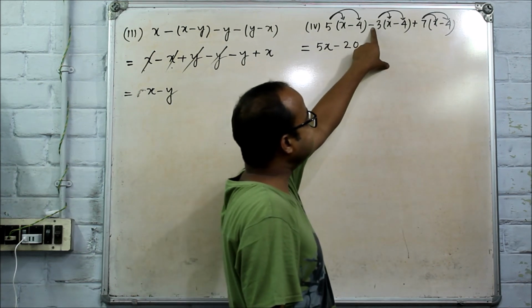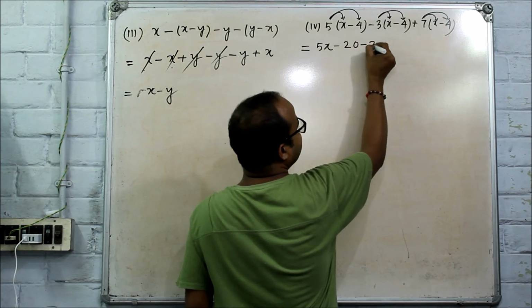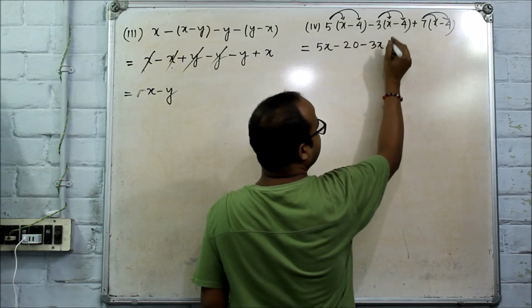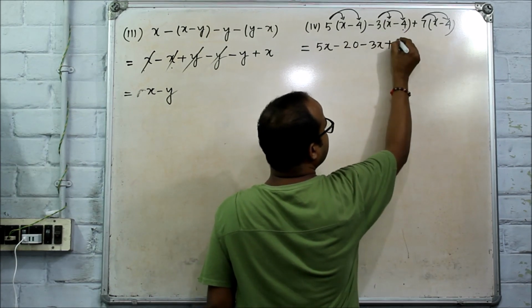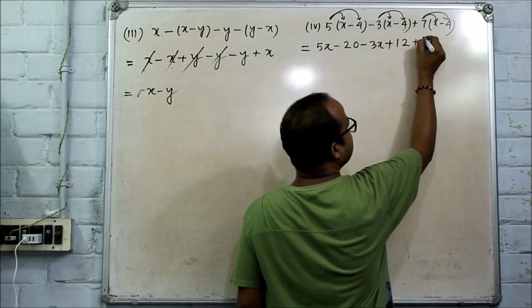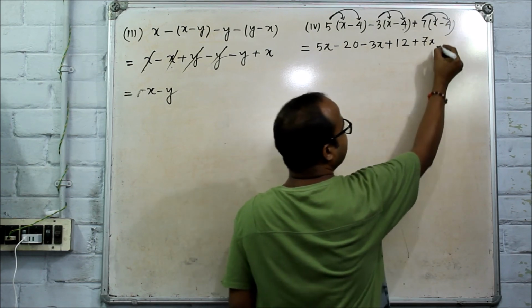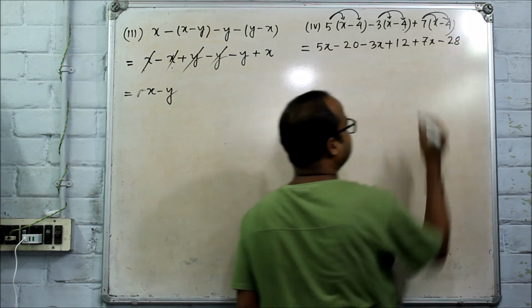Now see, outside sign is minus. So minus 3 into x, minus 3x, minus of minus, plus 3 fours are 12. Plus 7 into x, plus 7x, plus 7 into minus 4 is equal to minus 28.